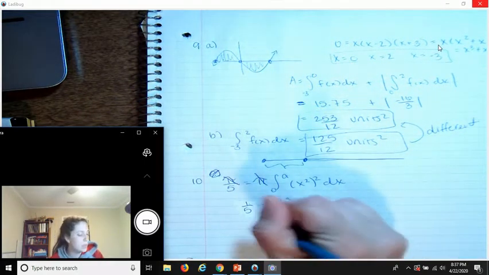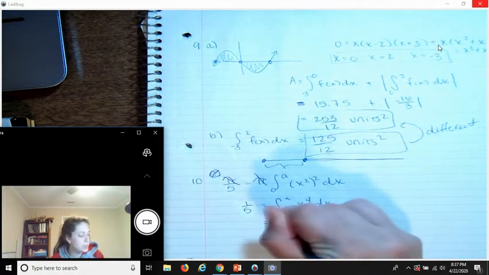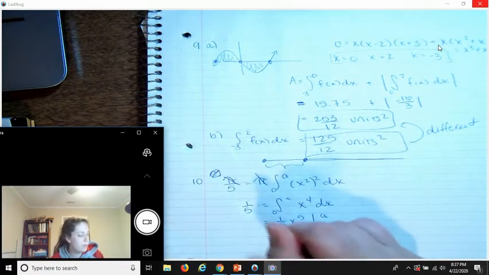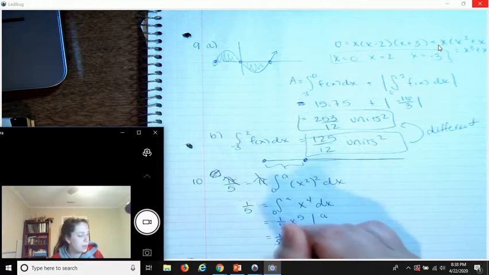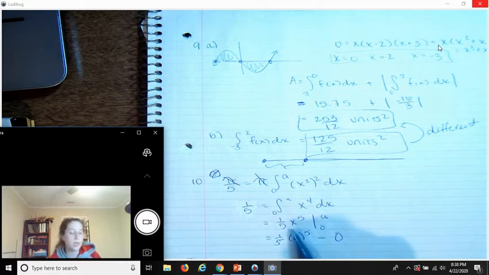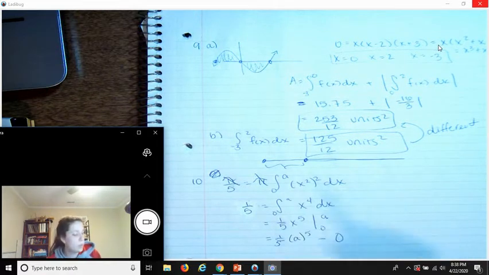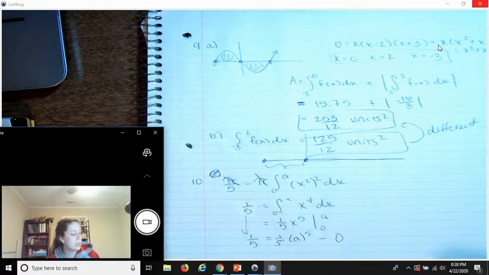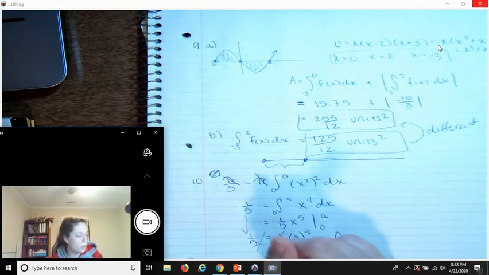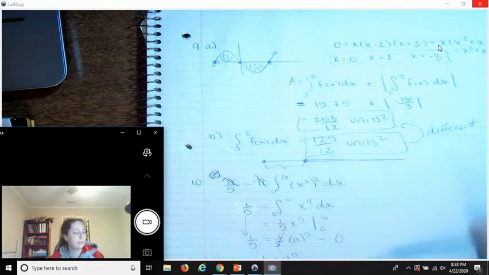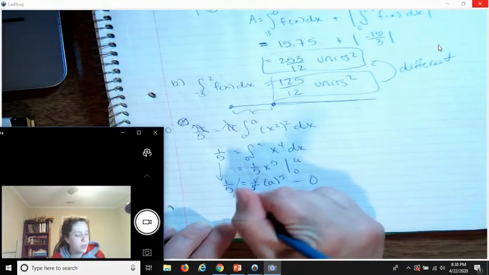And then this gives me 1/5 x to the 5th from 0 to a, 1/5 a to the 5th minus 0, because 0 subbed in right here is going to give me 0. So this, if I bring my 1/5 down, was equal. Now notice I have a 1/5 on both sides, so I end up with 1 equals a to the 5th. Take the 5th root, and a should be 1.